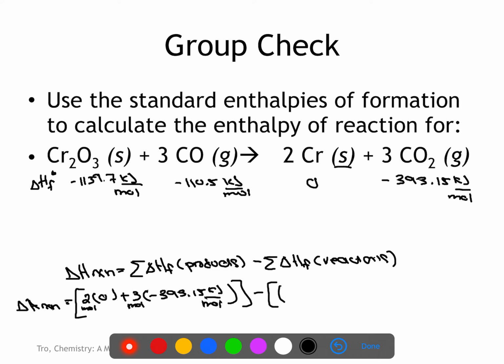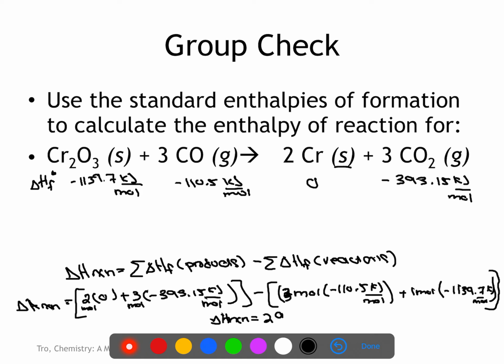That gets subtracted from the sum of the reactants, which is 3 moles times negative 110.5 kilojoules per mole plus 1 mole times negative 1,139.7 kilojoules per mole. And then you sum all of that together, and that will give you 290.7 kilojoules.